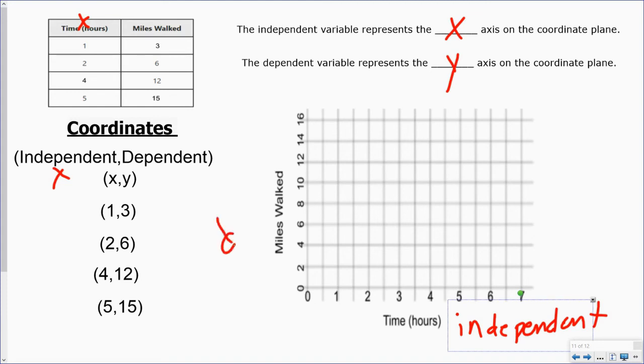So this side here would be the dependent. And again, looking at our table, this was the y, which is the dependent, and this was the y coordinate, which is also the dependent. So then when I graph this, I would go over 1 and up 3, over 2 and up 6, over 4 and up 12, and over 5 and up 15.